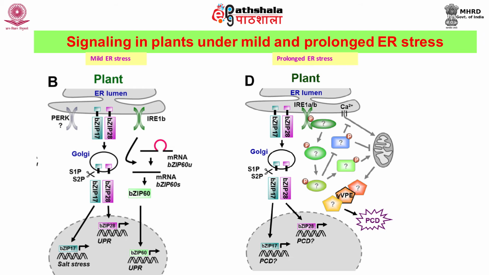Under stress conditions, any disturbance in ER function can result in disturbed plant development and plant immunity. Environmental stresses create an increased requirement for secreted proteins.